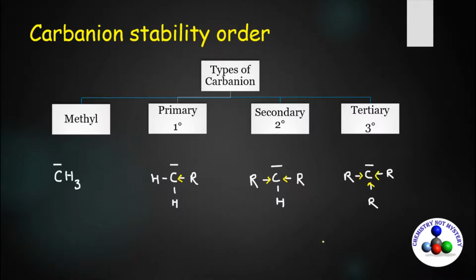In secondary carbanion, there are two alkyl groups that donate electron density to it. And in tertiary carbanion, there are three alkyl groups that donate electron density to it and make it more unstable. That's why methyl carbanion is more stable than primary, than secondary, and tertiary carbanion will be the least stable one.